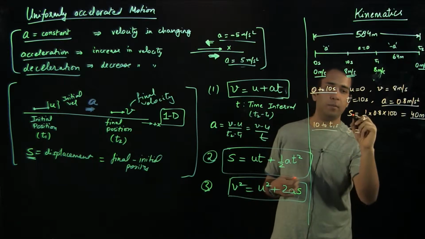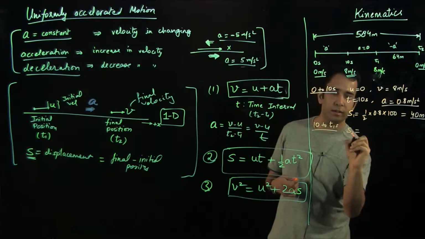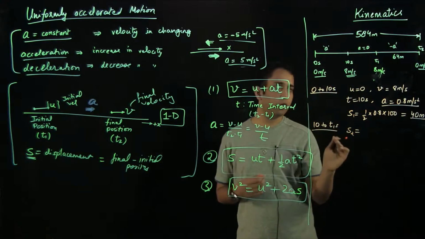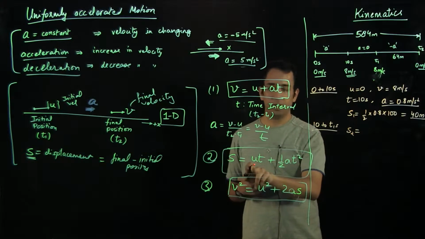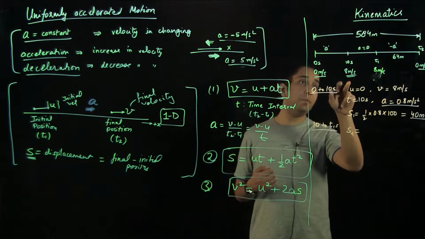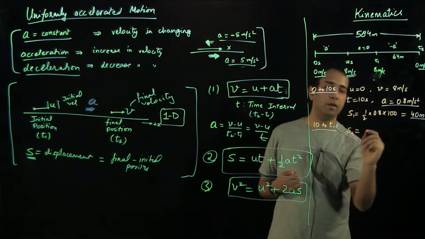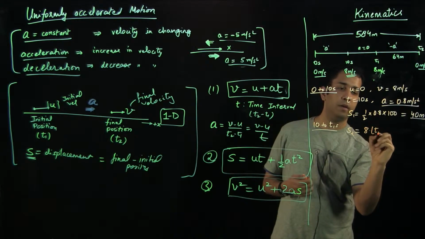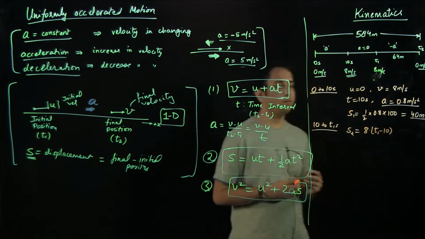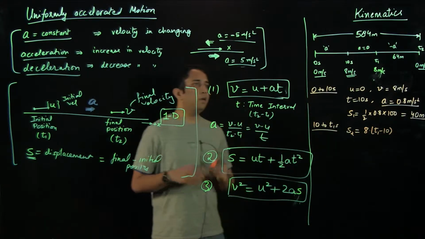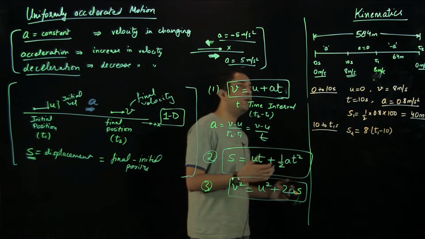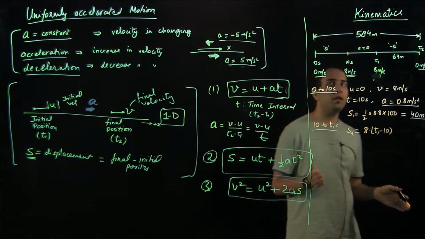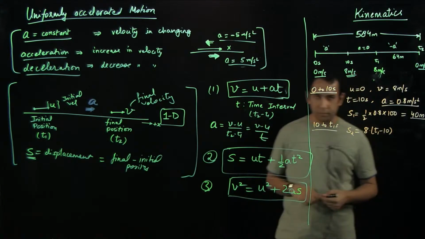If I call it s2, where 2 represents the second time interval, then u, which is 8 meter per second for this time interval, will be 8 into (t1 minus 10). And 10 seconds, t1 and t2 are not related to each other, but related to the 0 seconds.